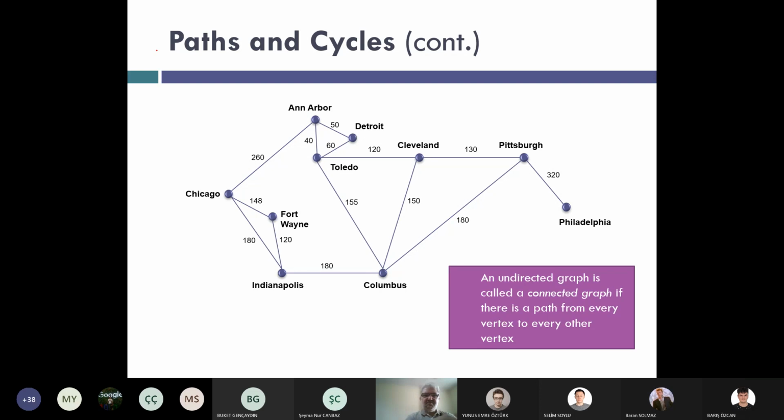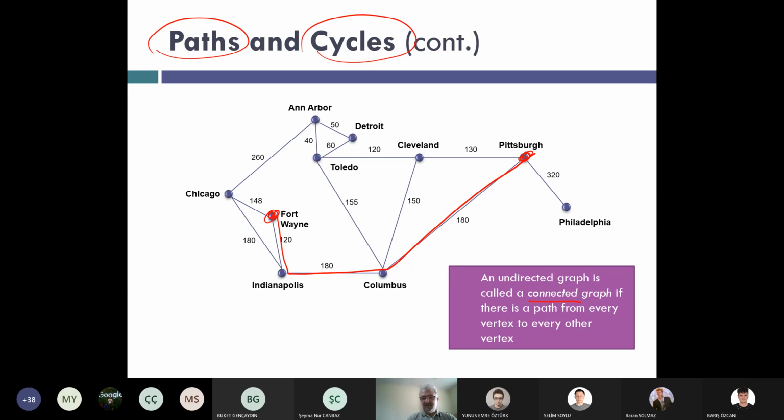We can define paths and cycles in graphs. Also, we call a graph connected if we can find a path from any vertex to any other vertex. From Fort Wayne to Pittsburgh, there is a path, right? So for any 2 vertices, we can find a path.